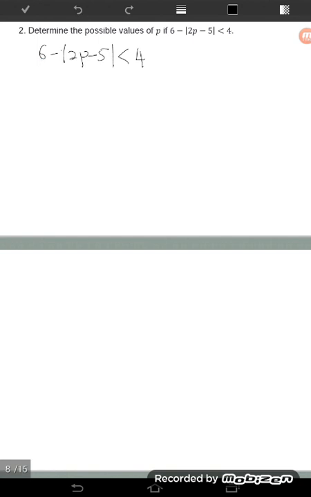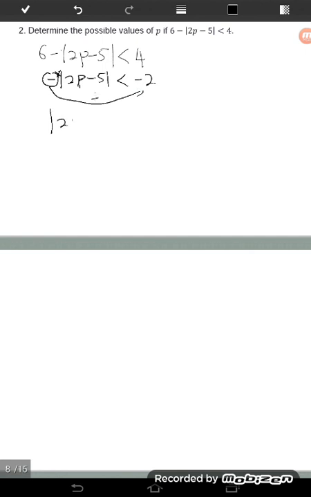So 6 bring to the right, so you have negative modulus 2p minus 5 less than 4 minus 6, which is negative 2. This one is negative times modulus, so move it to the other side, it becomes divide.